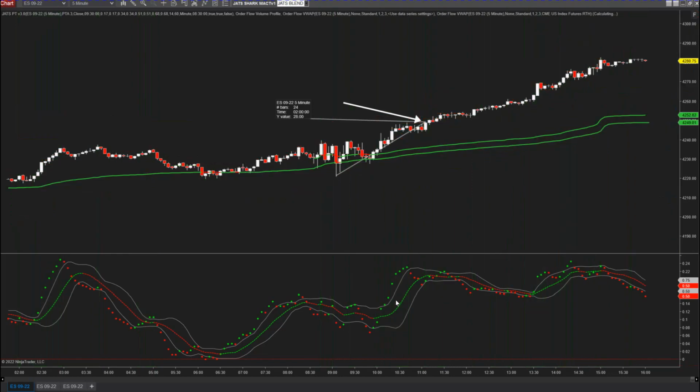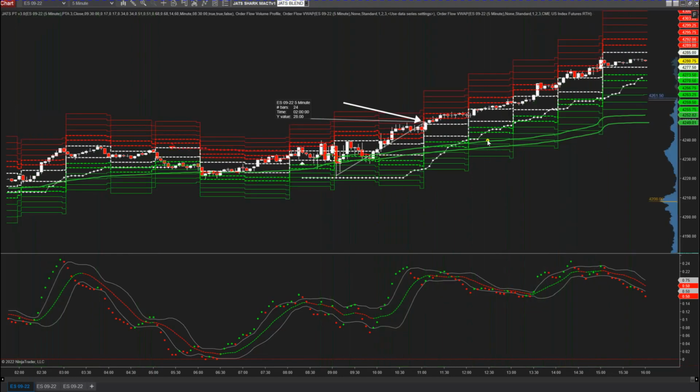So the 24/7 is 1 displaced, and the RTH is just regular. And this allows me to have a secondary bias above or below VWAP, and also a great entry.